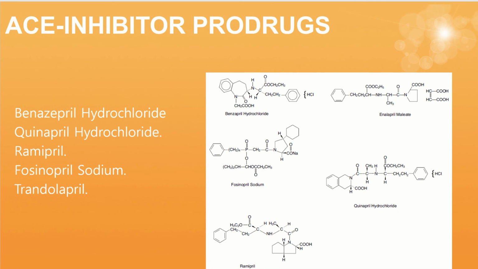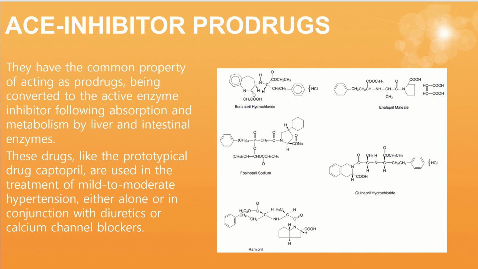All right, so continuing here with our ACE inhibitors prodrugs, we have other structures here. So we have benazepril, and I guess the point of this is to show that all of them have some type of pril in the name, and all of them have some similarity in structure.